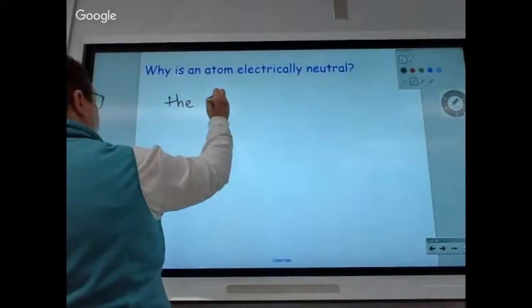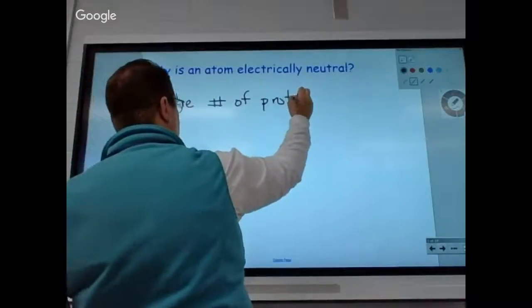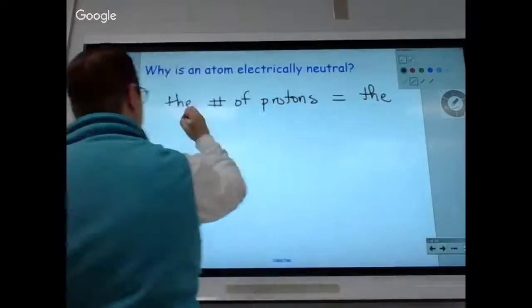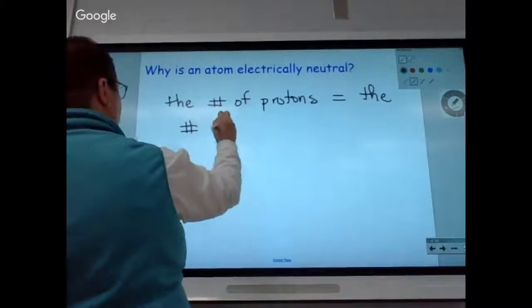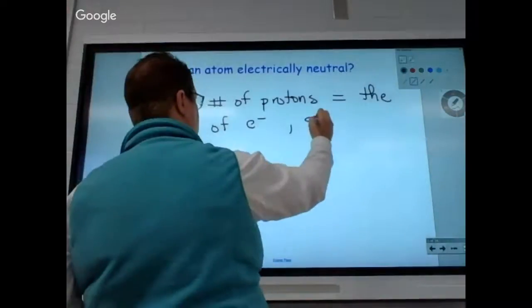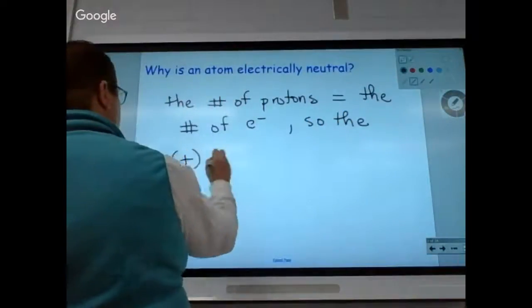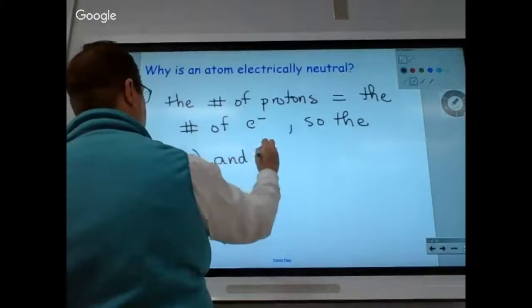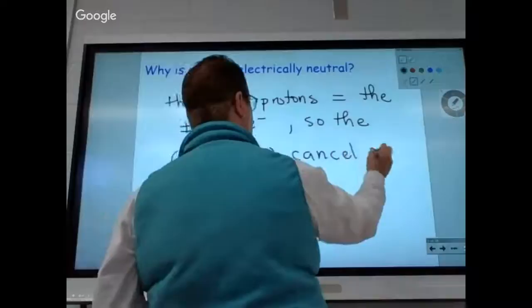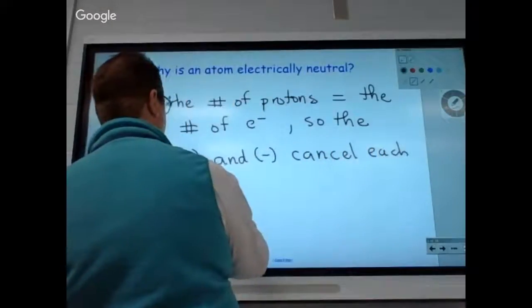The number of protons equals the number of electrons. So the positives and negatives cancel each other out.